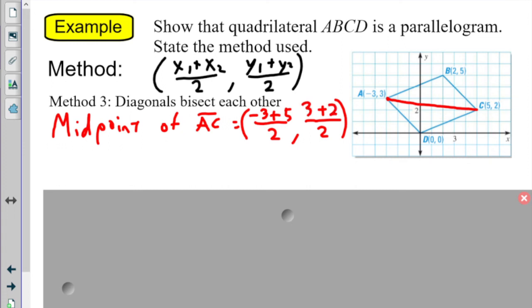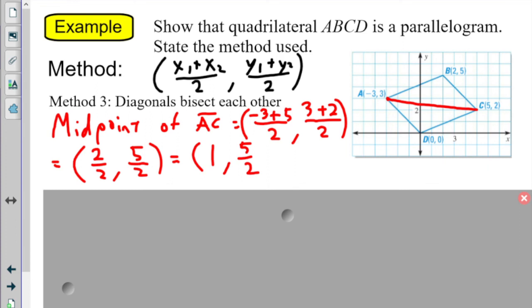I'm going to add and divide by 2. So if I work that out, I get -3 plus 5 is 2 over 2. And then 3 plus 2 is 5 over 2. Which 2 over 2 is 1. So I get the midpoint being at (1, 5/2).